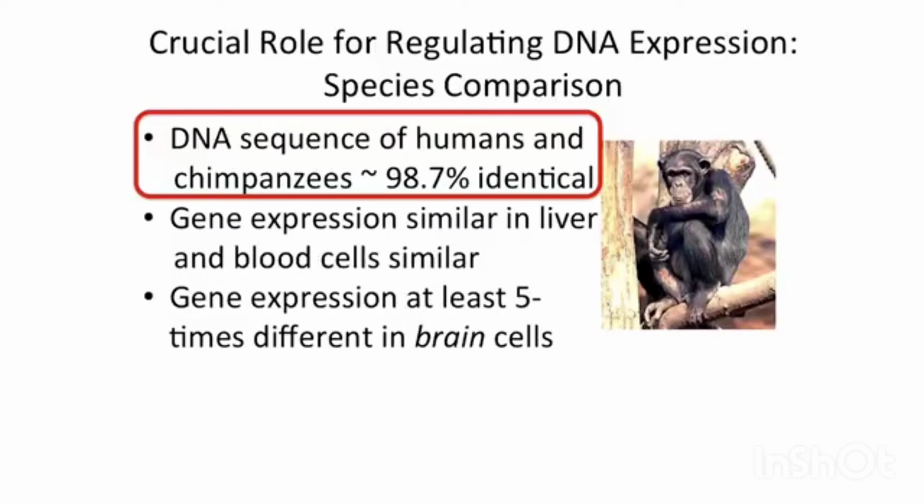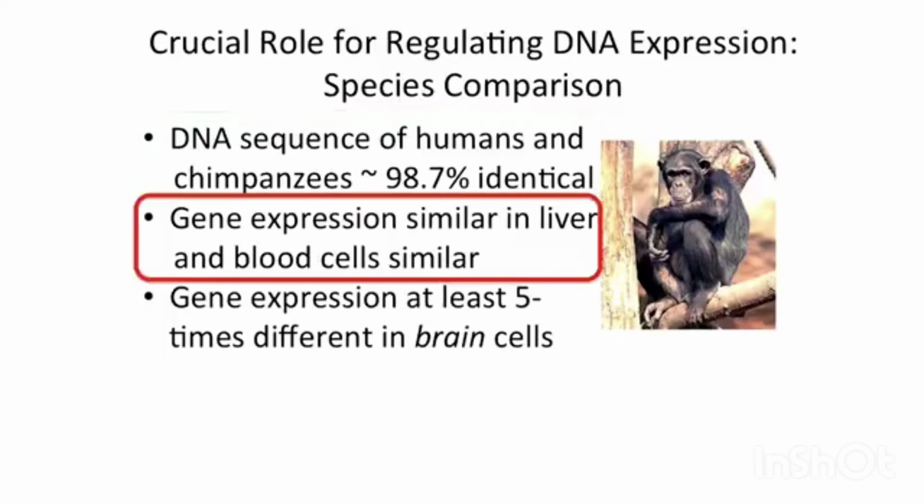There's a crucial role for regulating DNA expression, and we can get a sense of this by looking at the DNA sequence of human and chimpanzees, which are about 98.7% identical. If you look at which genes are expressed in the liver and the blood, the genes expressed are similar for humans and chimpanzees.